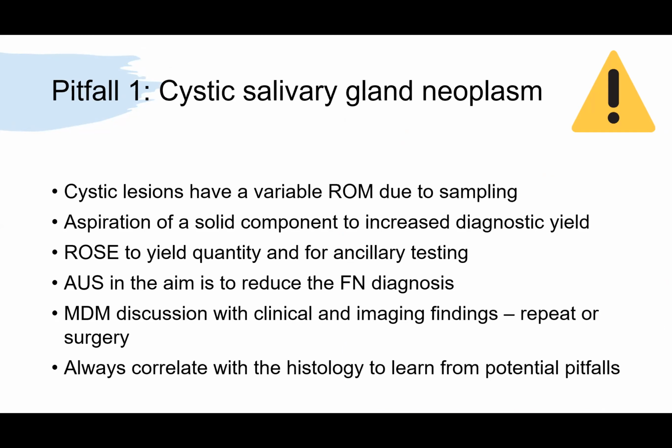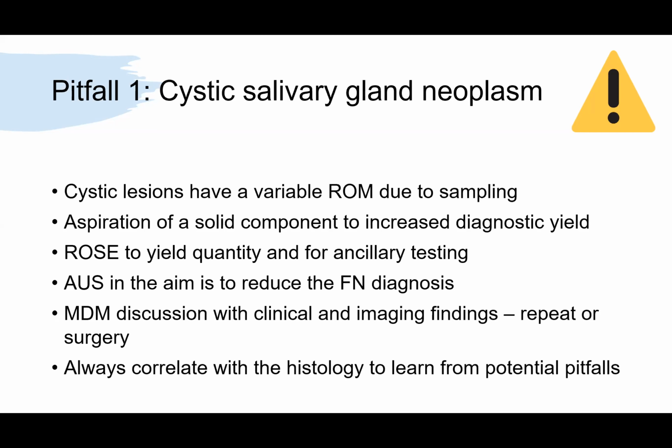Similarly, rapid on-site assessment is very helpful in yielding more samples, to see if there's more quantity, and also for the need of ancillary testing. And here, atypia of uncertain significance is important because the FNA lacked qualitative or quantitative details.